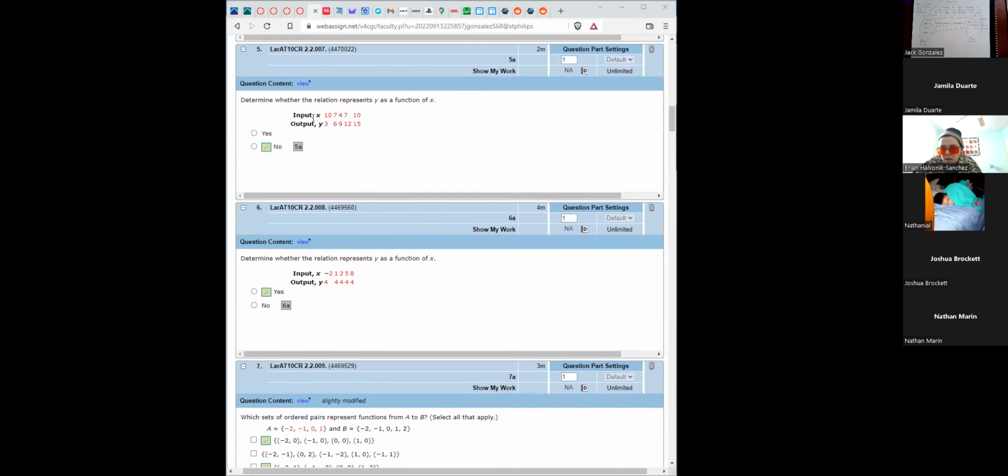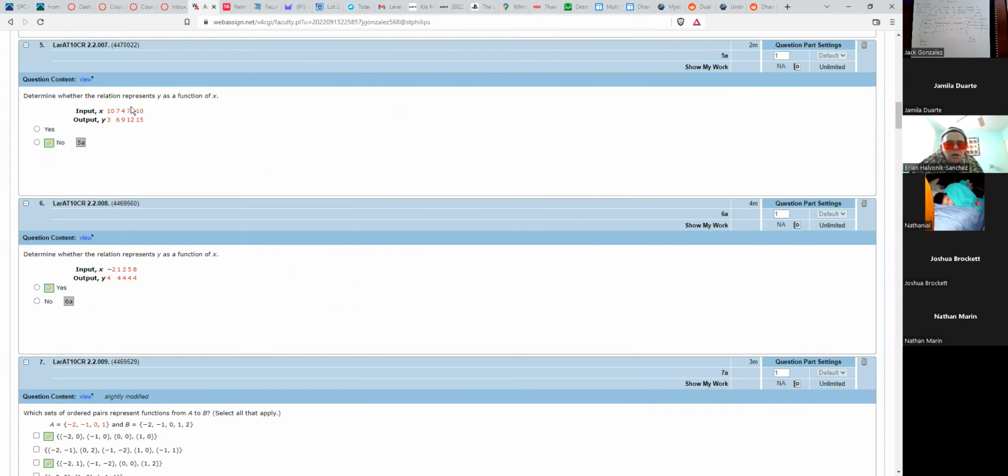All right, so right here. Determine if the relation y is a function of x. Basically, we have our inputs over here: 10, 7, 4, 7, 10.